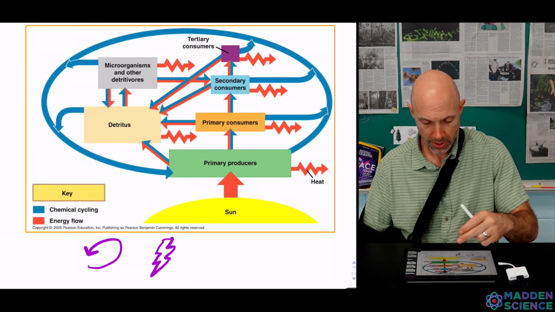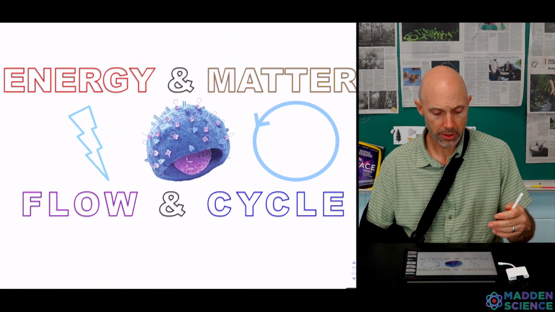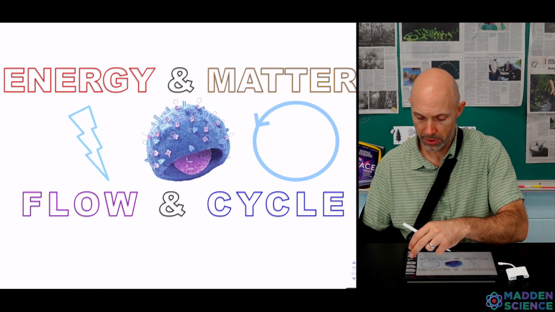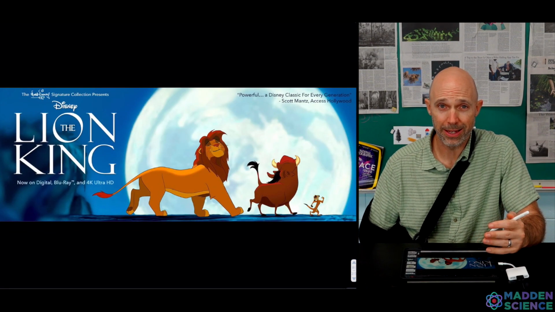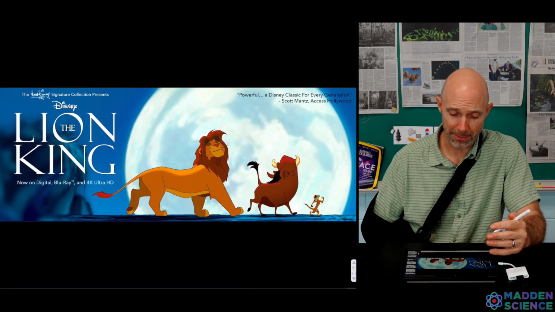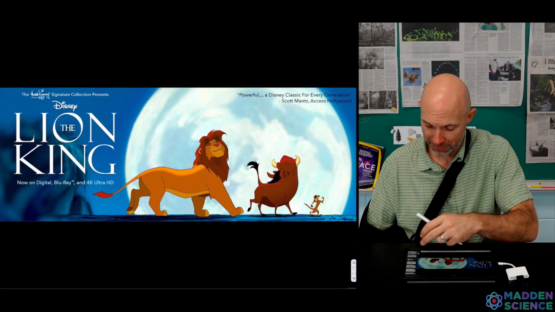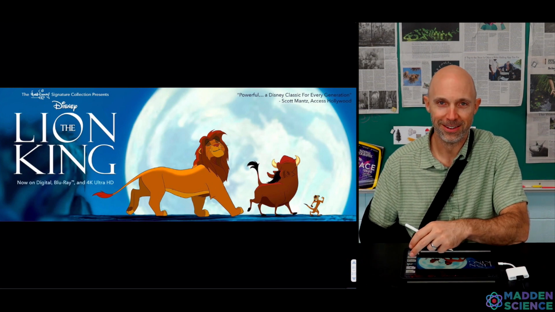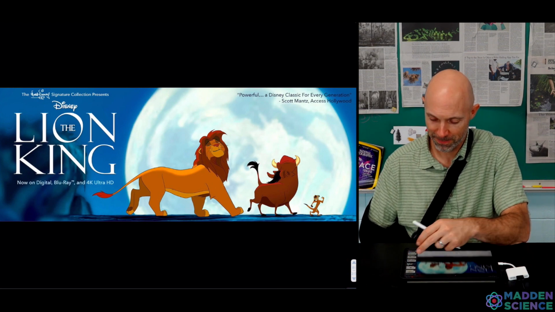So skip back, we got it shown here. Again, flow versus cycle. Connects to Lion King, Hakuna Matata, cycle of life, or circle of life. I should probably edit that out.